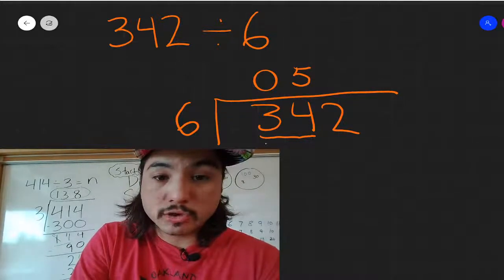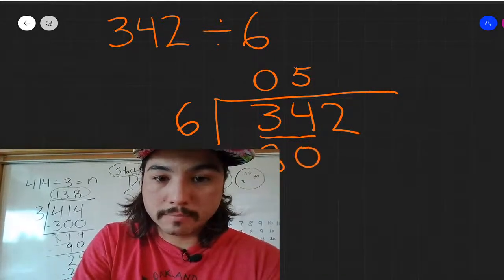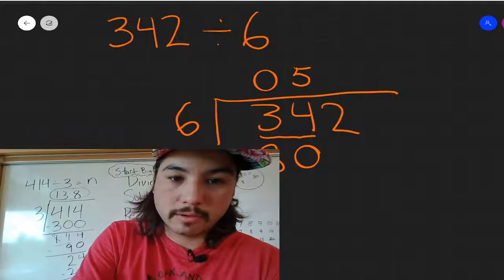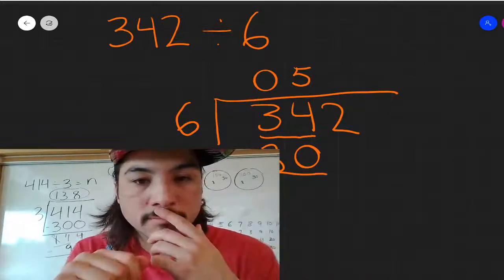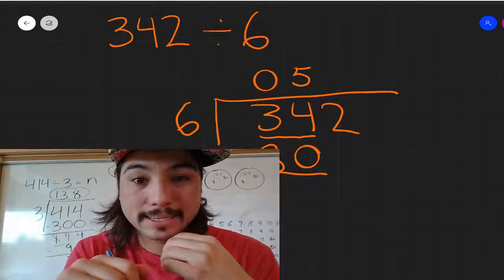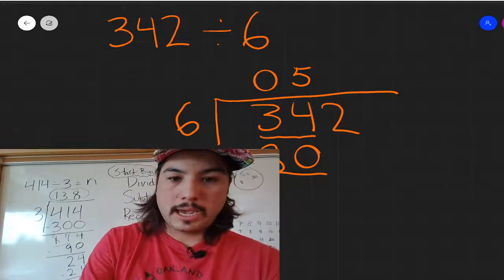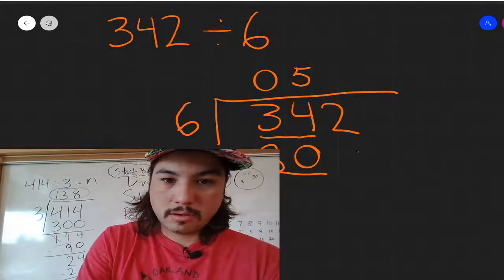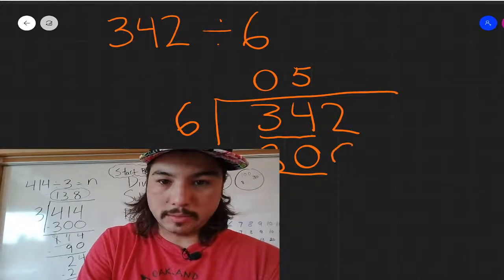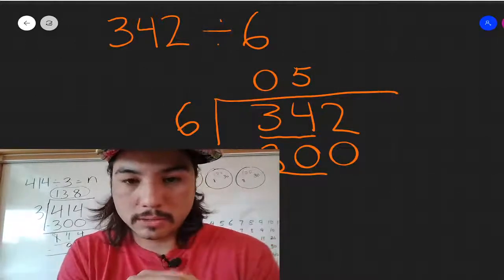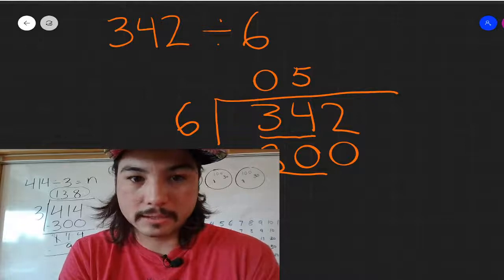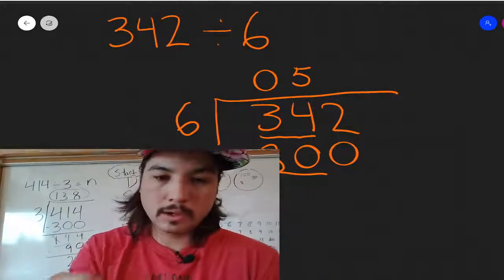And then I'm going to subtract 30, because 6 times 5 is 30. And since it's 30 tens, I'm going to put a 0 in the ones place, just so I remember that it's 5 tens times 6, right?